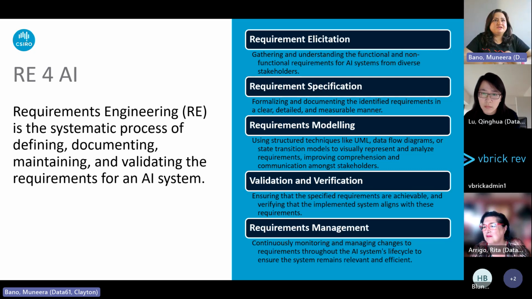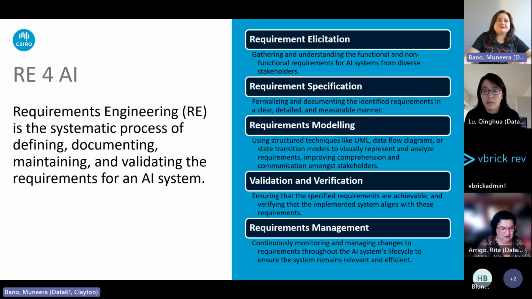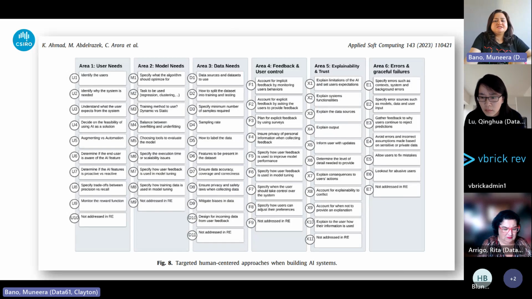When it comes to designing AI systems, there are certain unique features that require modification to those stages. Based on the evidence-based research Khulud produced, we collected data to learn what new aspects are needed for requirements engineering for AI systems.